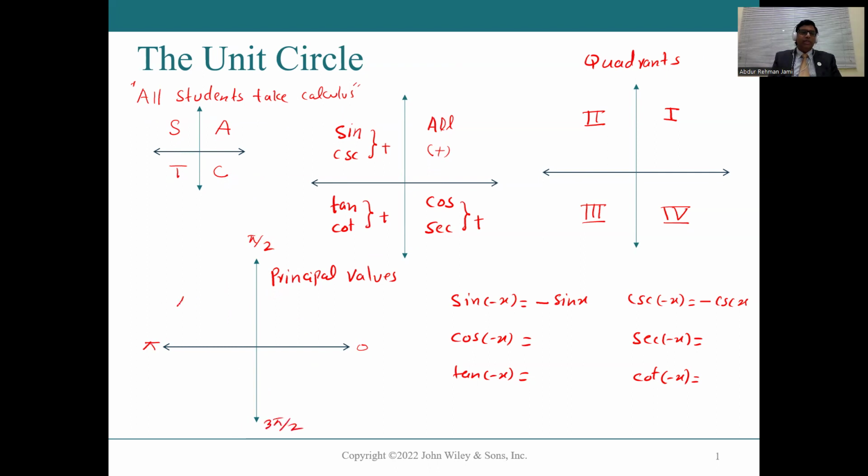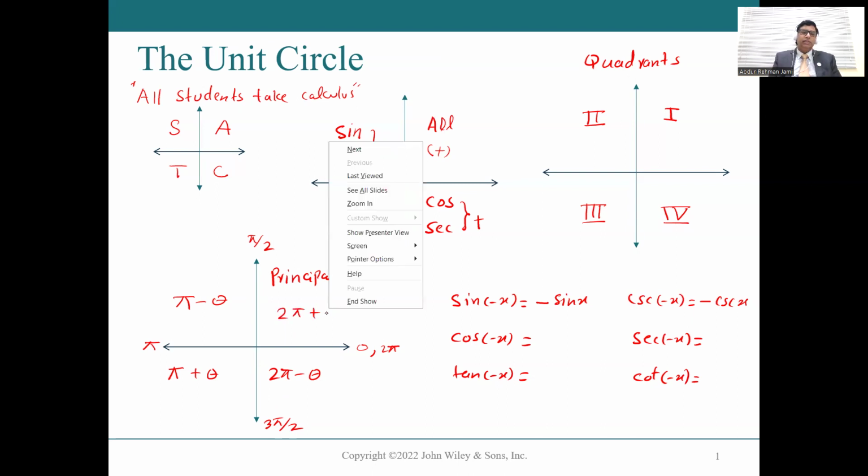In this quadrant, all angles are pi minus theta, that is, less than pi. In the next quadrant, less than 2 pi, so 2 pi minus theta. And the 2 pi angle is at this point as well, as you are aware. In the first quadrant, we have 2 pi plus theta, more than 2 pi angle, in this quadrant.